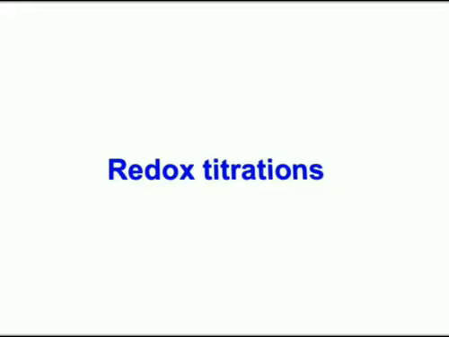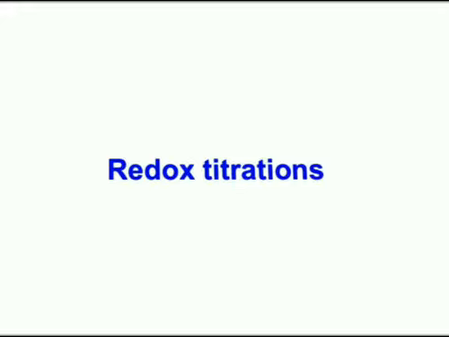In types of titrations, we saw there are acid base titration, redox titration or oxidation reduction titration, complexometric titration, and precipitation titration. We have already discussed acid base titration in the last class. In this class, we are going to discuss redox titration.